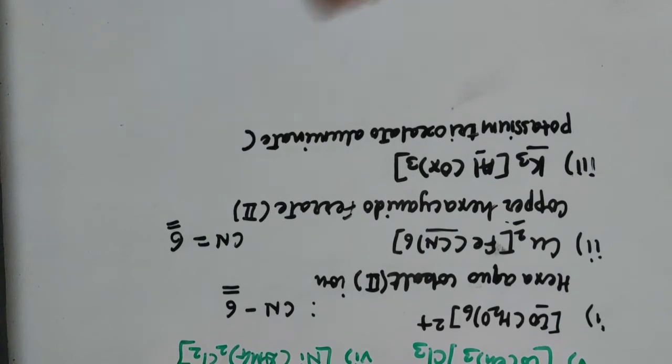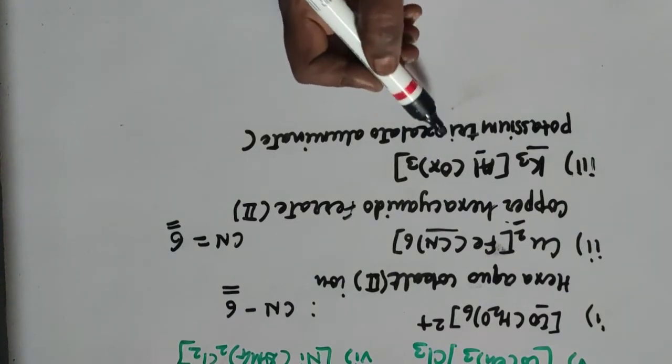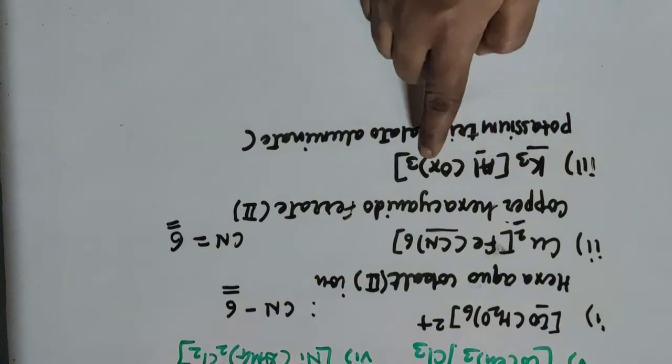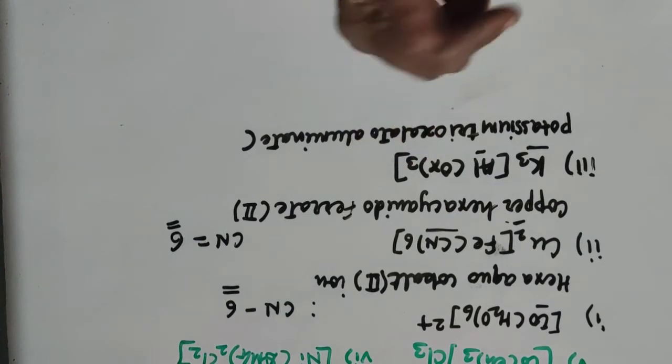What about the oxidation number now? The oxidation number of aluminium, how much is it? 3 potassium, that means +3 plus X. Here OX acquires -2 charges, 3 oxalato ions are there, so 3 twos are 6, so +3 plus X minus 6 is -3. So X minus 3 is equal to 0.